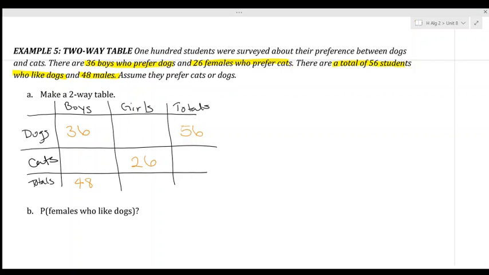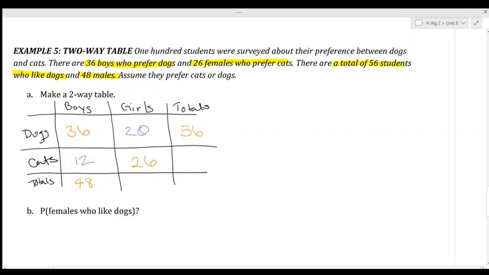And now we're going to do some math to figure out the rest. So if 36 boys like dogs and there's 56 students, that means that 20 girls like dogs. If there are a total of 48 boys, the number of boys that like cats is 12.